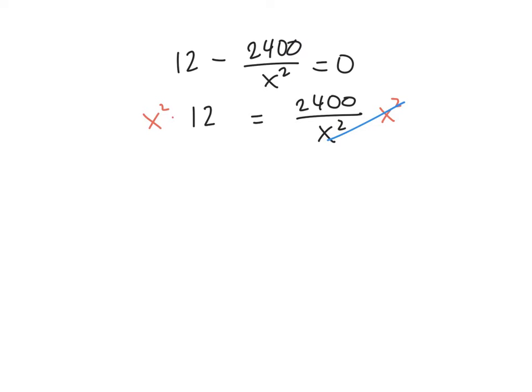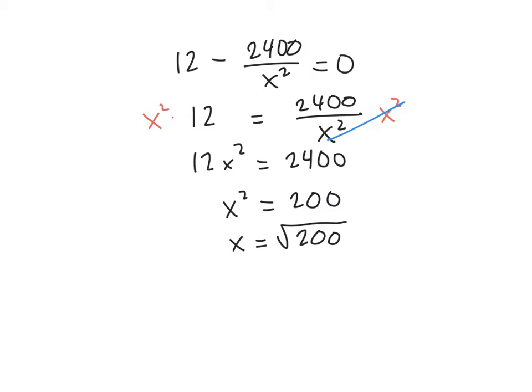And that gives me 12x squared equals 2400. When I divide both sides by 12, I believe that gives me x squared equals 200. And so that means x is the square root of 200. We only need the positive square root.